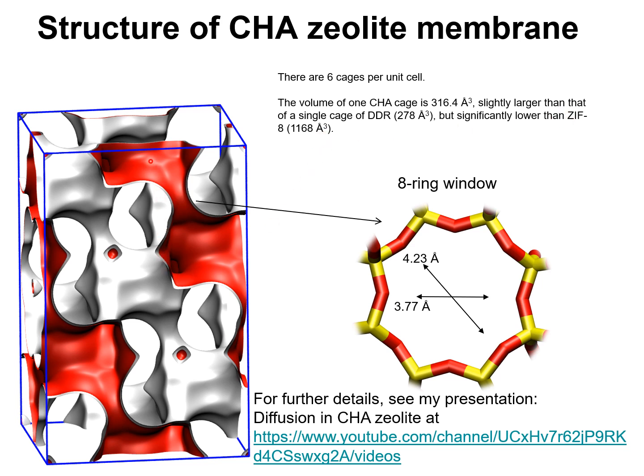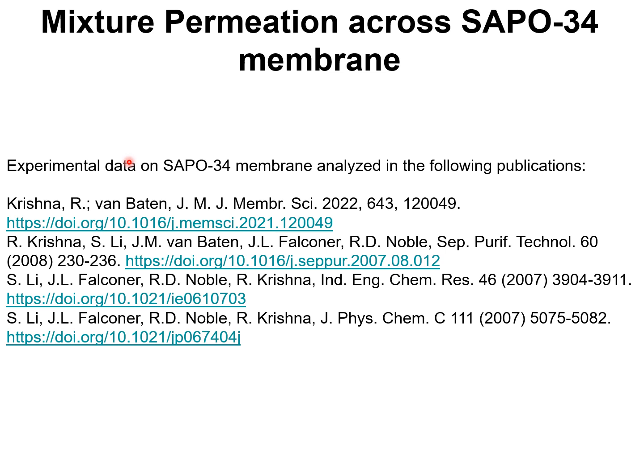The cages are separated by 8-ring windows, and the window dimensions are about 3.8 angstrom in this direction and 4.2 angstrom in this direction. In the following slides, we examine and analyze the characteristics of permeation of a variety of mixtures across a SAPO34 membrane.